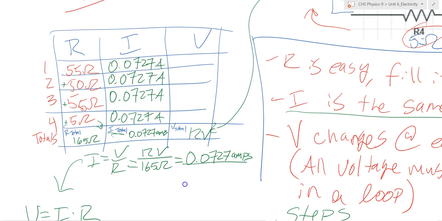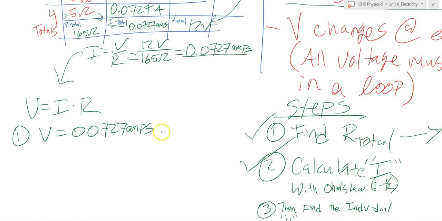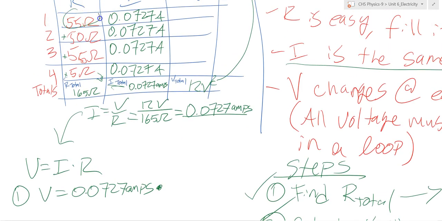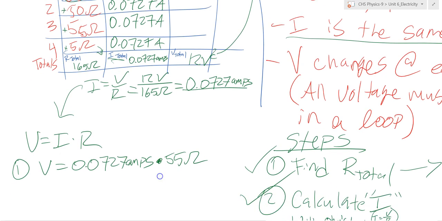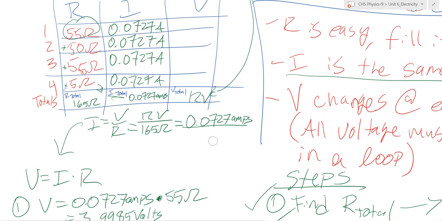It's the same for all of them. I multiply that by the resistance for 1, which is 55 ohms. My answer is 3.9985 volts. Then I can come up to my table and write 3.9985 V.